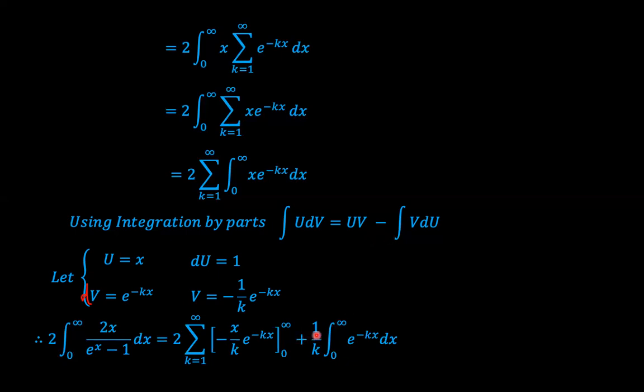So we have the constant 1 over k brought out, and we're left with the integration of e to the power negative kx from x equals 0 to infinity.